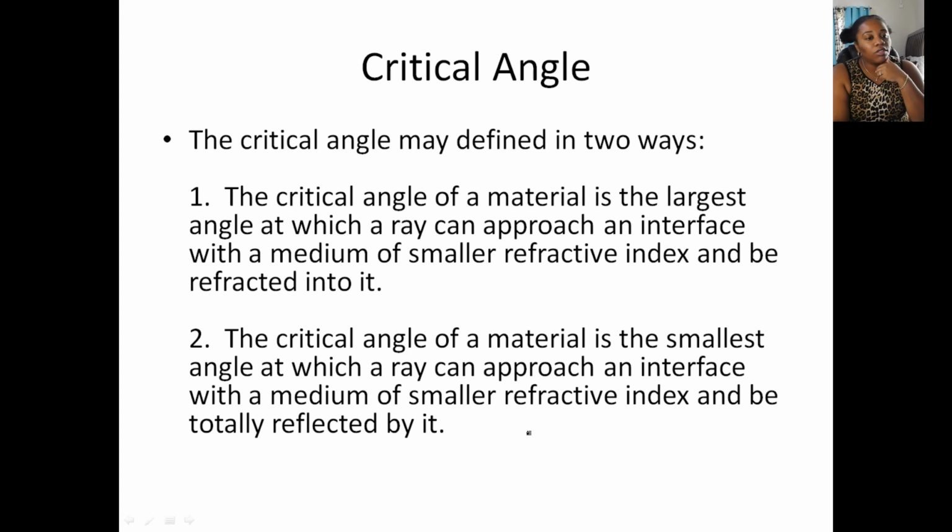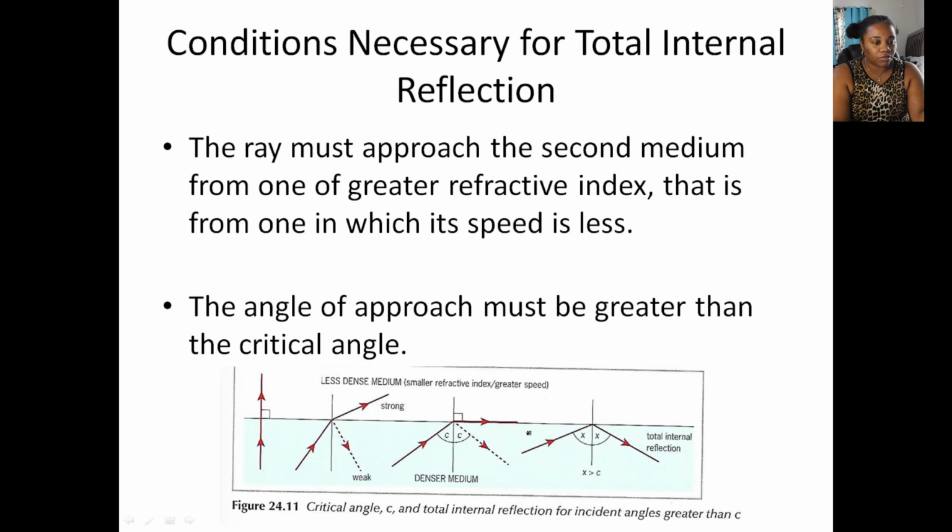The critical angle may be defined in 2 ways. The critical angle of a material is the largest angle at which a ray can approach an interface with a medium of smaller refractive index and be refracted into it. The critical angle of a material is the smallest angle at which a ray can approach an interface with a medium of smaller refractive index and be totally reflected by it.